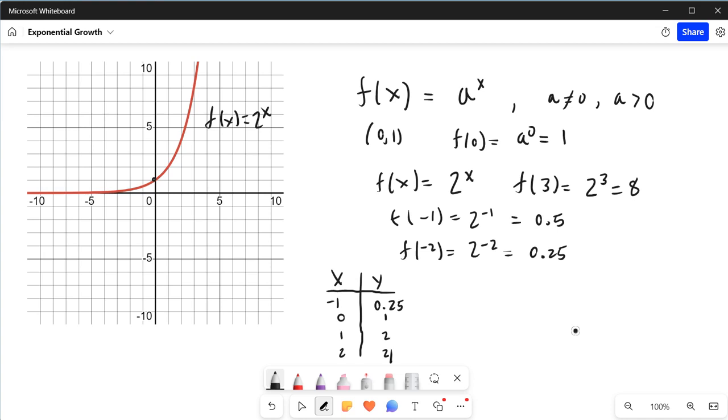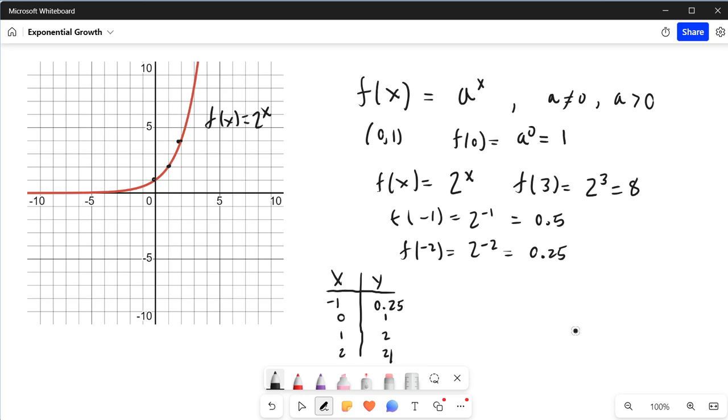And if we wanted to, we could plot these points. Why not? So here, this point right here should be 2, 4. Yes, 2 comma 4. And then this one right here is 1 comma 2. Okay.